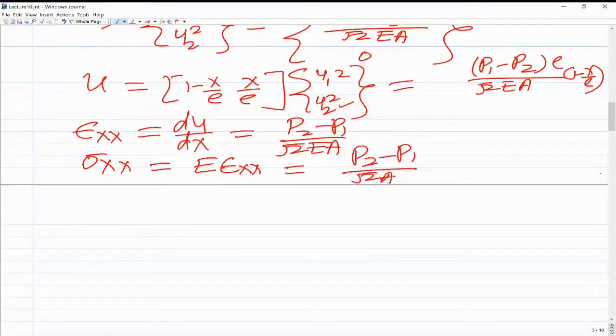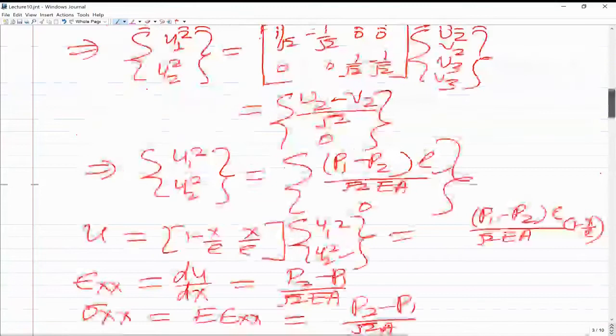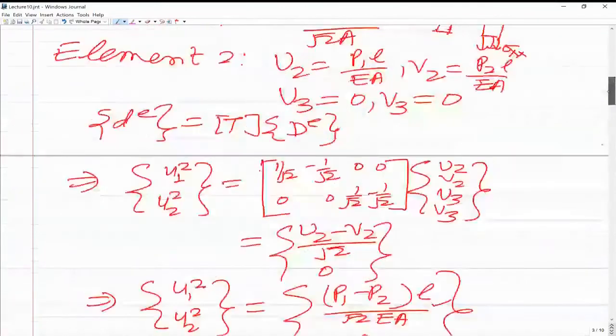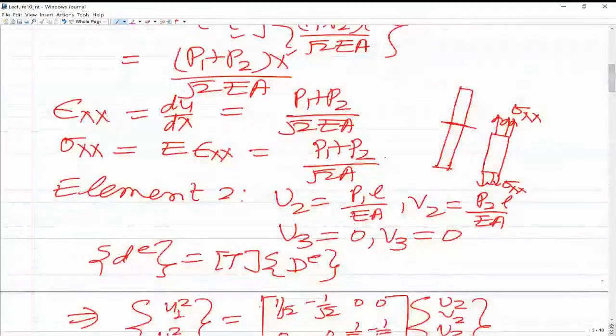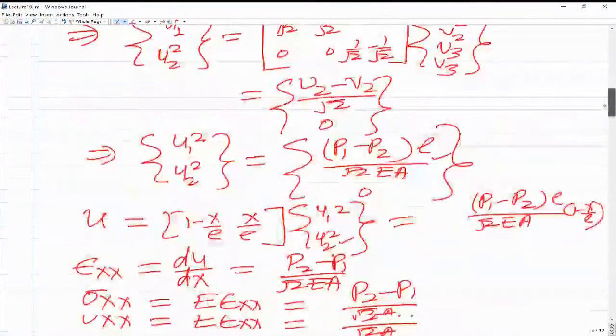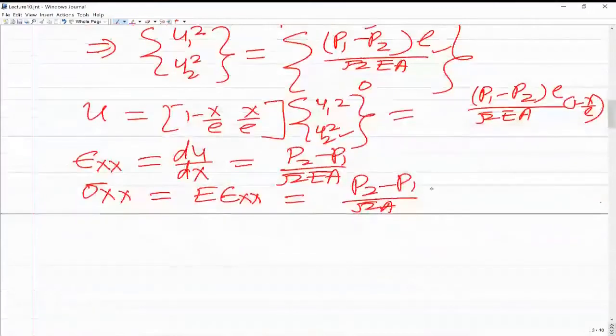Now I wanted to show you a cross check. Let's say we want to look at the stress. For the first element we got the normal stress along the length of the element as P1 plus P2 upon root 2A, and the stress in the second element along its length is P2 minus P1 upon root 2 into A. What you can do is use the method of joints and find the forces in the members.